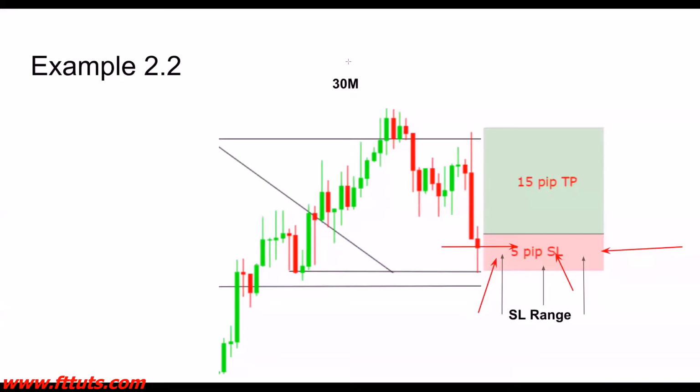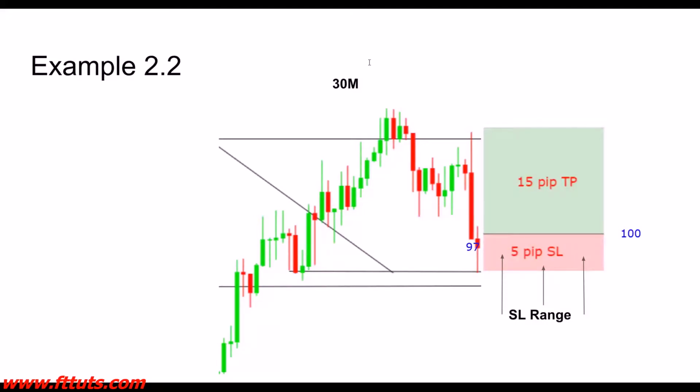So now to illustrate this, this level is level 100, and where price is at this moment in time, let's just say here, this is 97. So all we're now waiting for is for price to push up to our level of 100, which is our buy stop, and whilst it's pushing up, get triggered into the market.